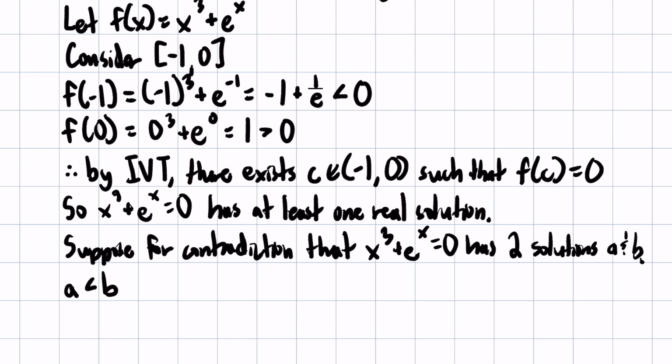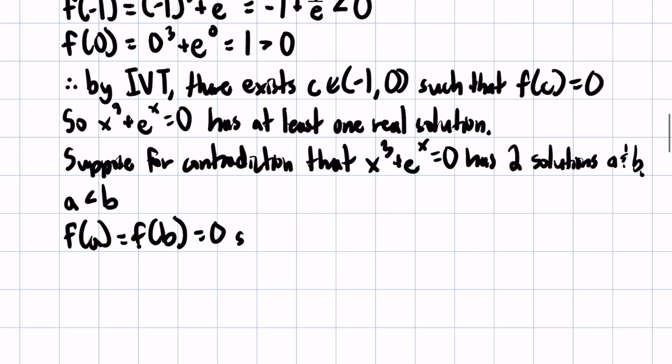Now, we know that f of A equals 0 and f of B equals 0 because they're both solutions to this equation. They're both roots of f. So that means that f of A equals f of B equals 0, so we can apply Rolle's theorem.